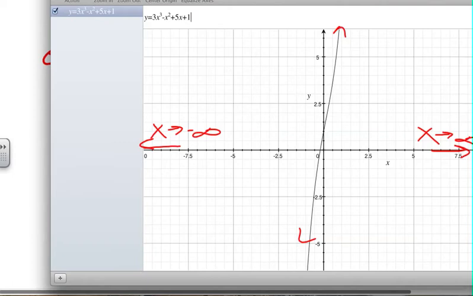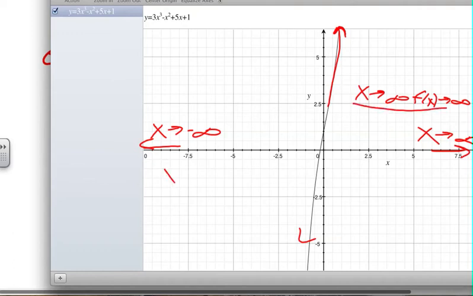Okay, what's happening here, so as x gets big, you notice that your f of x, your y, also gets big in the positive direction. So there's that end behavior.